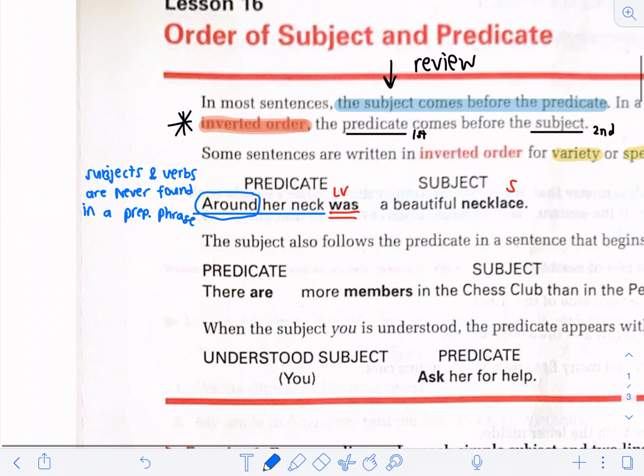So right off the bat, we know that we can cross the prepositional phrase out because it can't contain the subject or the verb.